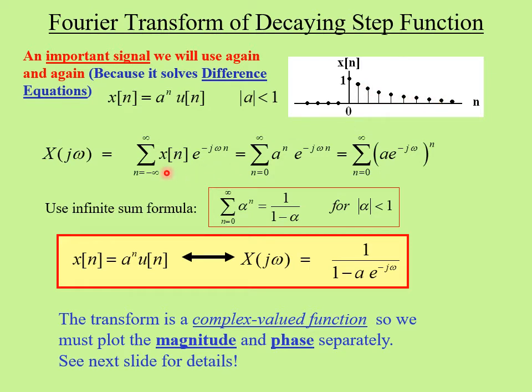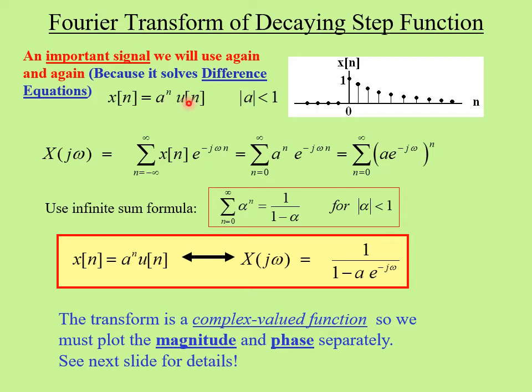To find the Fourier transform of this sequence, all we have to do is plug this a to the n times u of n into our definition of the Fourier transform, which is this summation right here. When we do that, x of n gets replaced by a to the n.